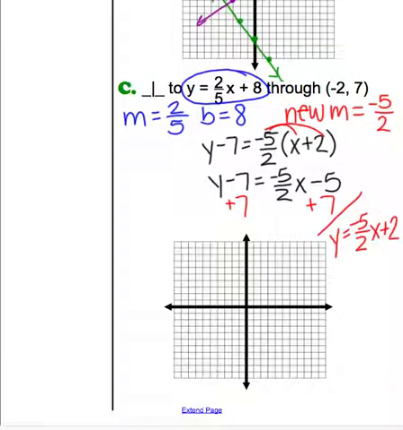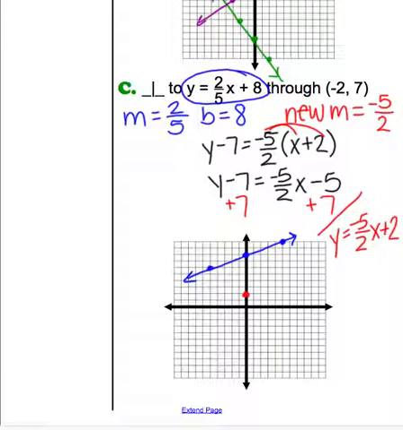I'll do that one in red, and we'll go ahead and graph the other equation in blue. So when we do this problem, we go up 8, so 1, 2, 3, 4, 5, 6, 7, 8 for the y-intercept, and 2/5, so up 2 over 5, or down 2 back 5, which will also give us a nice point as well. So then we have our first line, and then our second line crosses at +2 and has a slope of -5/2.